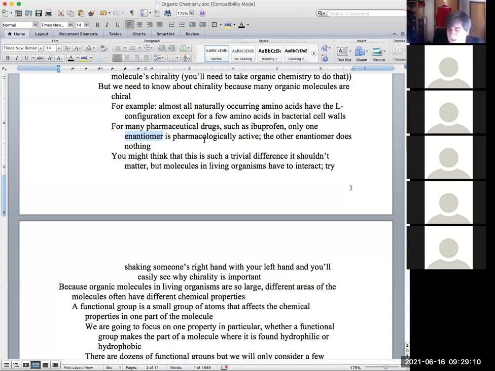And if you think it doesn't matter right-handed versus left-handed, try to shake hands with somebody with them using their right hand and you using your left hand. It doesn't really fit together. So when we have molecules and all the molecules around are right-handed, a left-handed molecule doesn't really fit in.